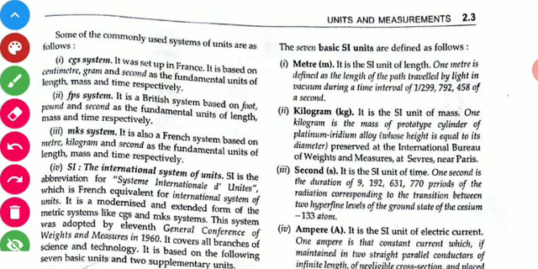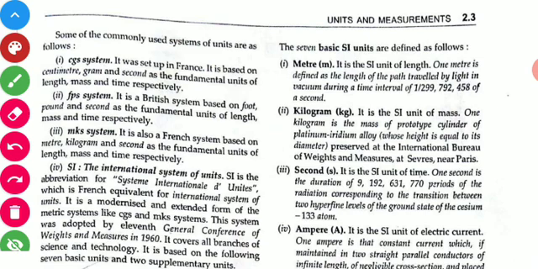For example, mass. According to the British system, they measure mass in pound, but according to the French system, they measure mass in kilogram or gram.